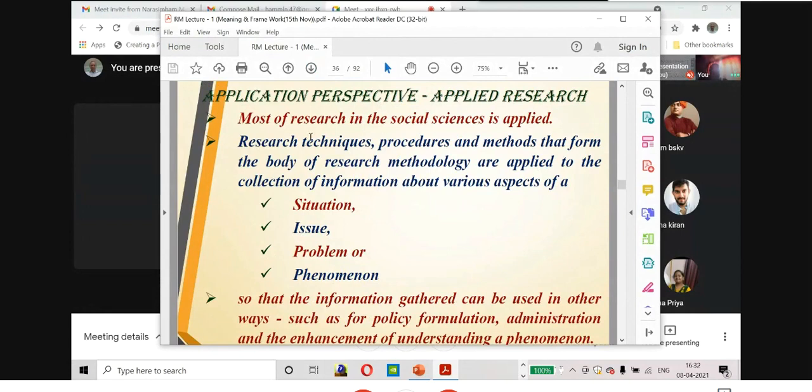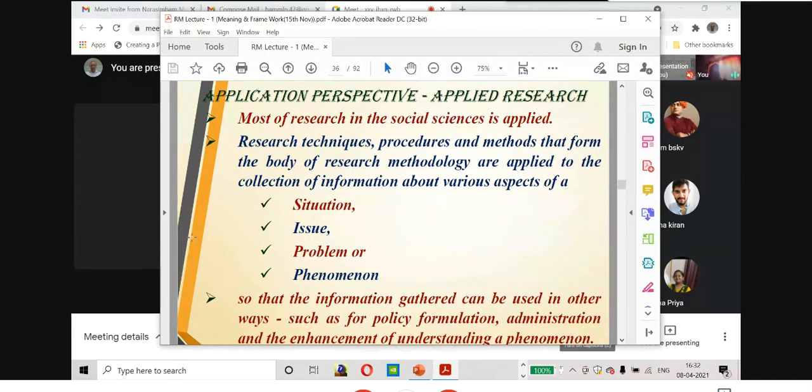Applied research. Most of the research in social science is applied. Not only social science, in science and engineering also it is applied research. Research techniques, procedures and methods that form the body of research methodology are applied to the collection of information about various aspects of a situation, issue, problem or phenomena.